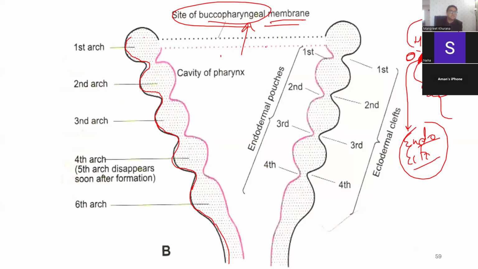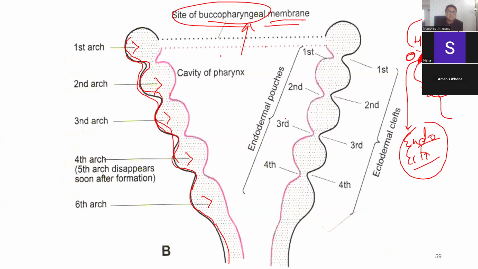Now these pharyngeal arches are composed of ectoderm outside, endoderm inside, and in between there is mesoderm, right? If you see the arrows, they have always been mentioned in the mesoderm. This is first arch, second arch, third arch, fourth arch, and sixth arch, because pharyngeal arches are the mesodermal thickenings.